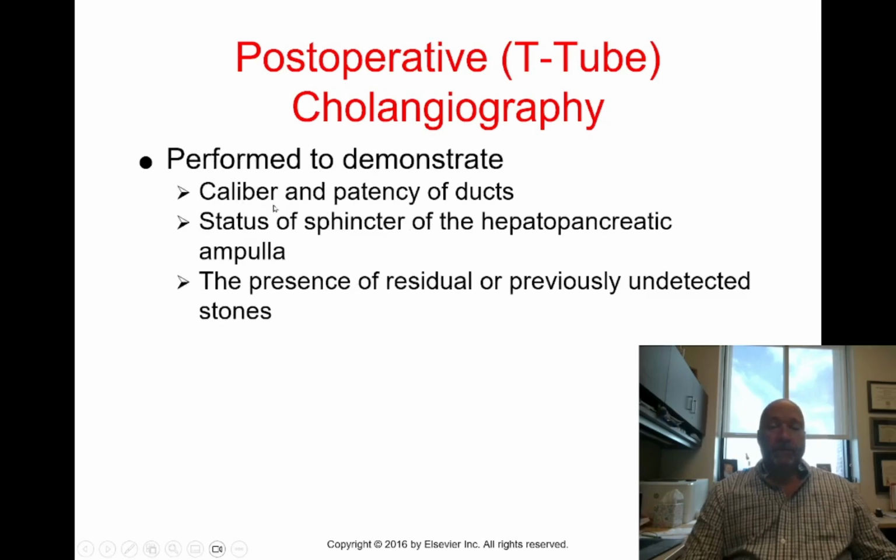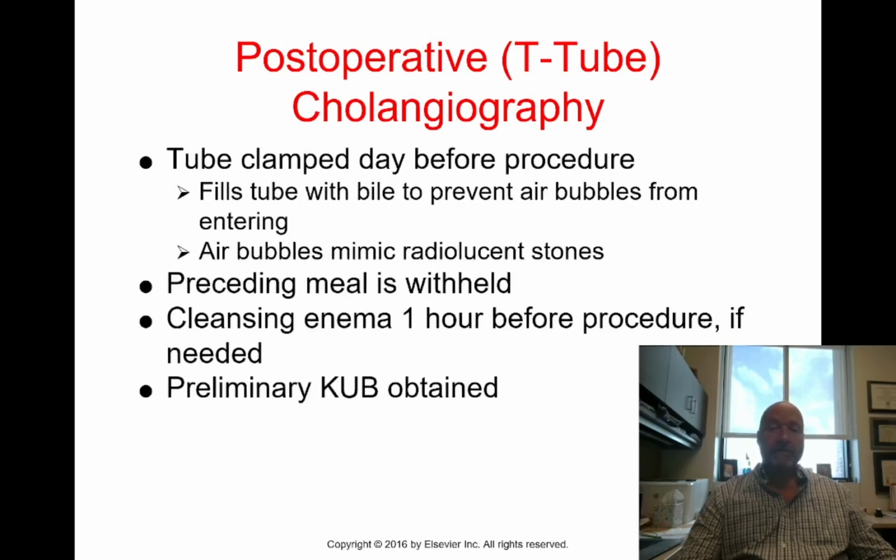What we're looking for is patency of the ducts, see if the swelling has gone down, see what it looks like at the hepatopancreatic ampulla, see if the sphincter of Oddi releases contrast into the small intestine. And then also look for those filling defects that may indicate the patient still has a stone.